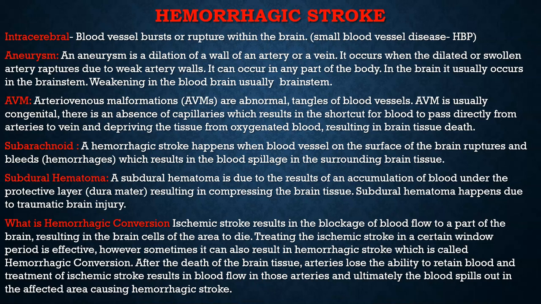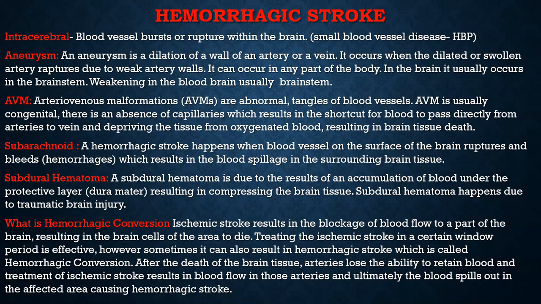But with the AVM, there's an abnormal tangle of blood vessels, and there's an absence of capillaries, where the oxygen would be coming out and going to the tissue to give it nutrition. But in this setup, the capillaries are not there, which means the tissue is deprived of oxygenated blood. That is called AVM.